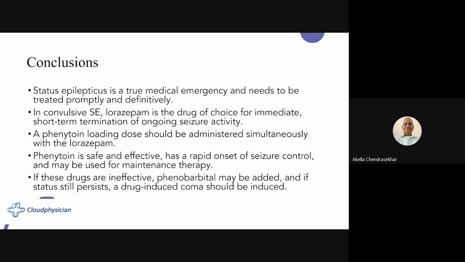Okay, I'm sure questions will arise as you're seeing patients. Please bring them forward. Ask people, talk to people. The beauty of Cloudphysician is we have the platform to have these discussions. Use the platform. The platform is wonderful. Radar is wonderful. Use it.